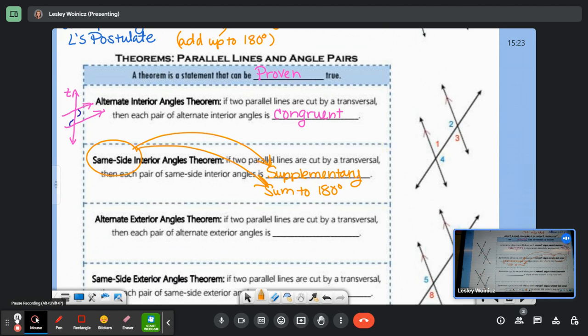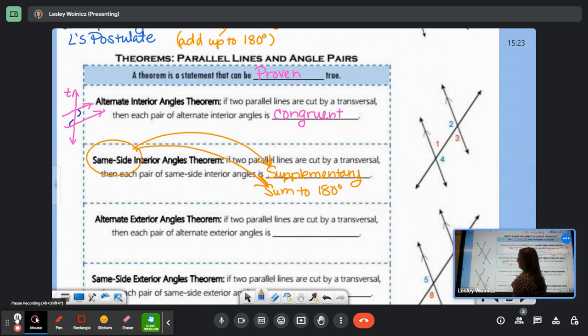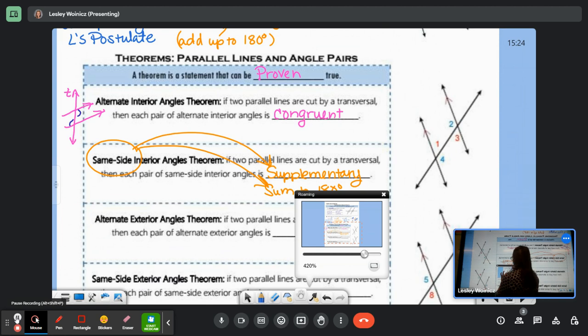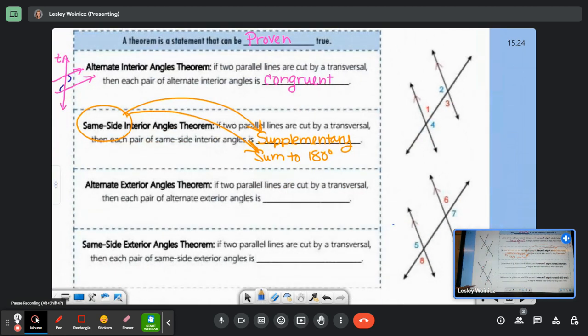Okay, what about alternate exterior angles? What do you think, congruent or supplementary? Well, let's look at the picture. Alternate exteriors would be like 5 and 7. Do they look like they add up to 180 or do they look congruent? They're congruent. Next, what about same side exterior angles?